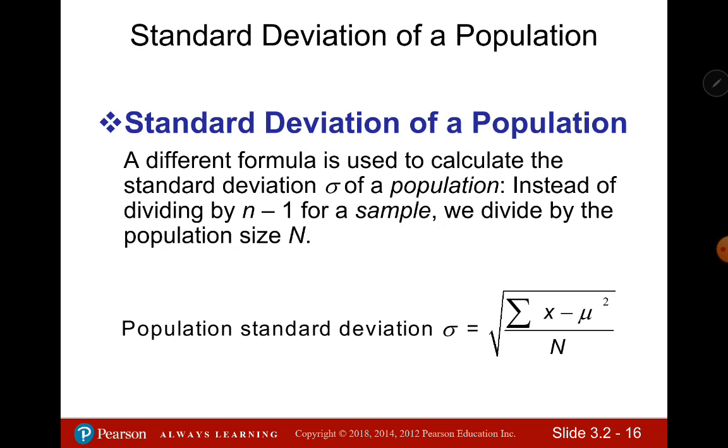The notation S is just for the sample standard deviation, and for the population, we will pick sigma to represent the population standard deviation. But there is a slight difference between these two formulas.